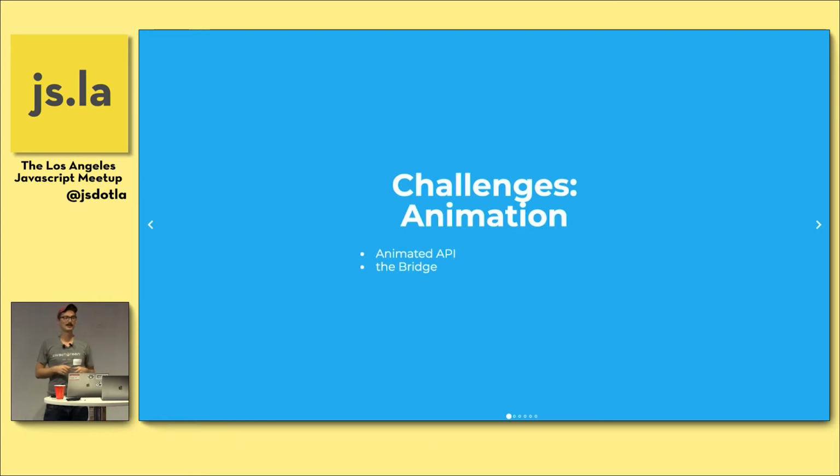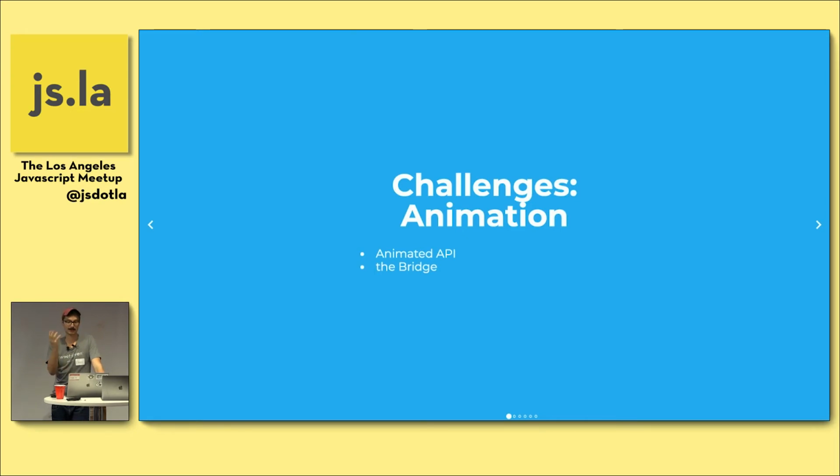Let me prime the pump here a little bit. It's just a timing function. So between 0 and 1, how do you get there over time? You throw a cubic Bezier function on it, and it gets pretty nice. Once you get the hang of it, it gets really nice. And then the other challenge is interpolating it for percentages or some other unit, some sort of conversion. It doesn't have to be percentages. But the API is pretty robust.